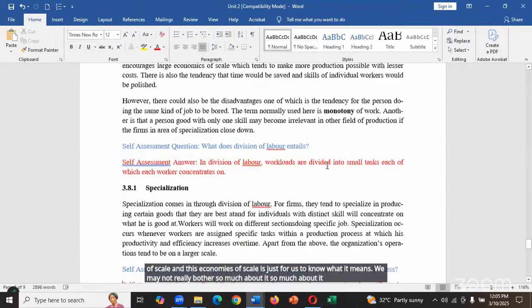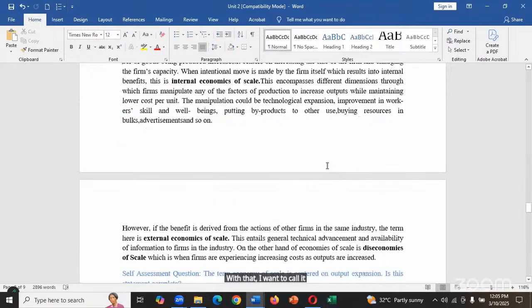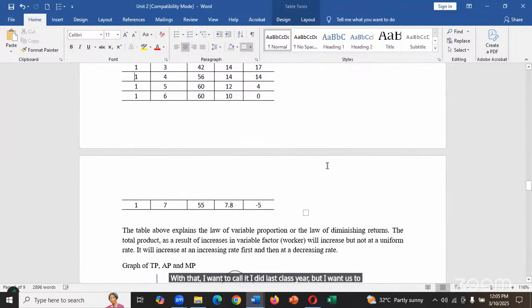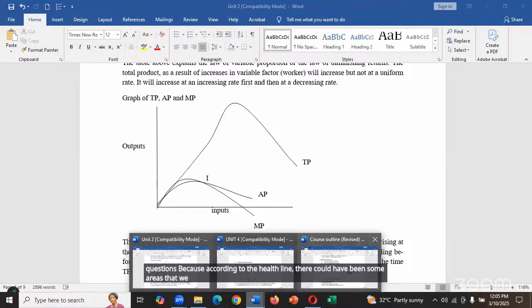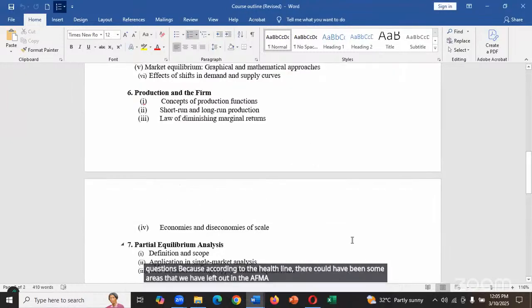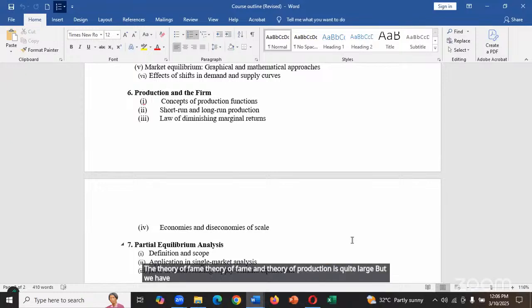So with that, I want to end the class here, but I want us to ask questions, because according to the outline, there could be some areas we have left out. And I need to let you know this before I answer some of your questions. Theory of firm and theory of production is quite large, but we have been able to compact this course outline to the basic things.